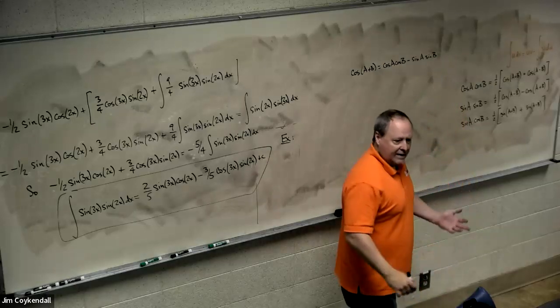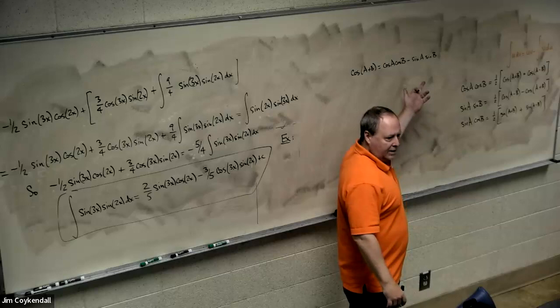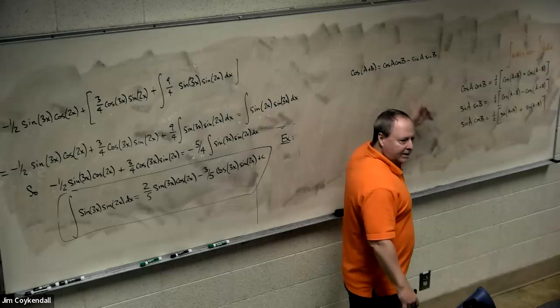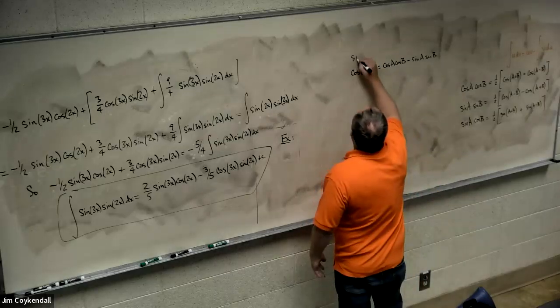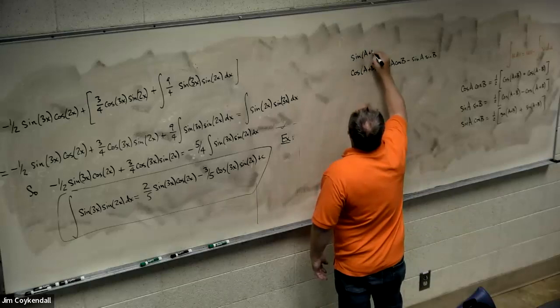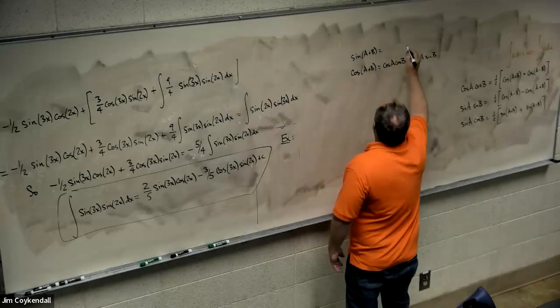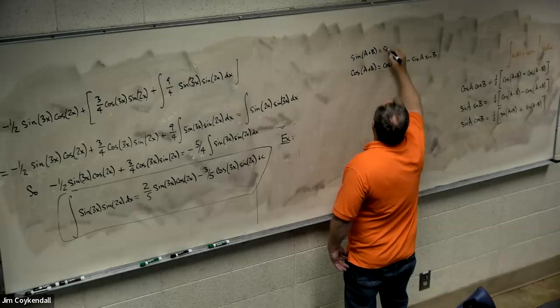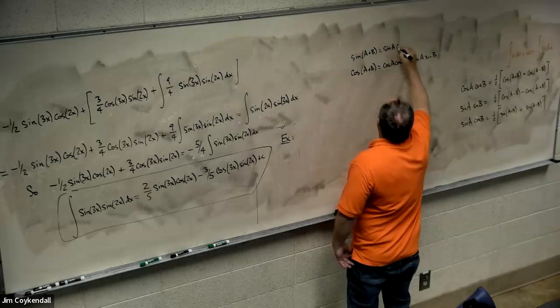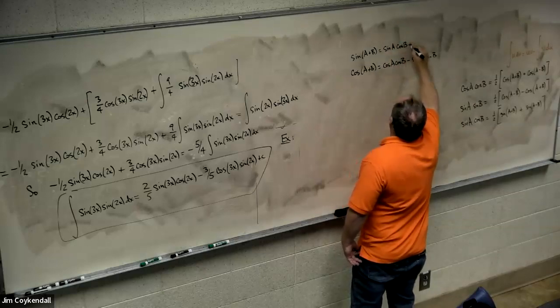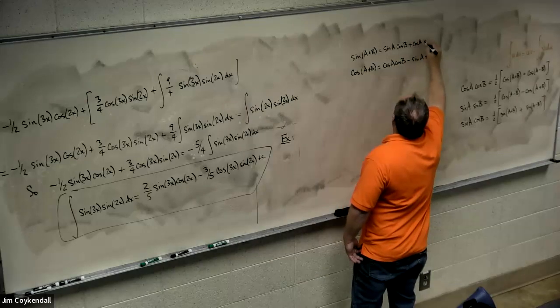Maybe you didn't remember the identity, but you know that it exists. The additive identity. And sine of A plus B is equal to sine A cosine B plus cosine A sine B.